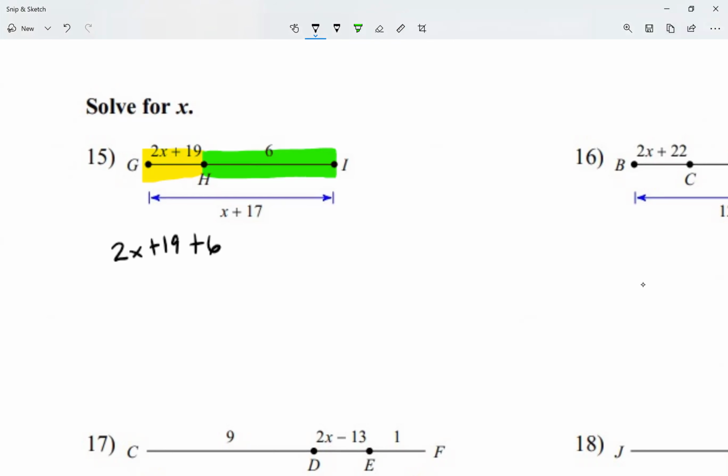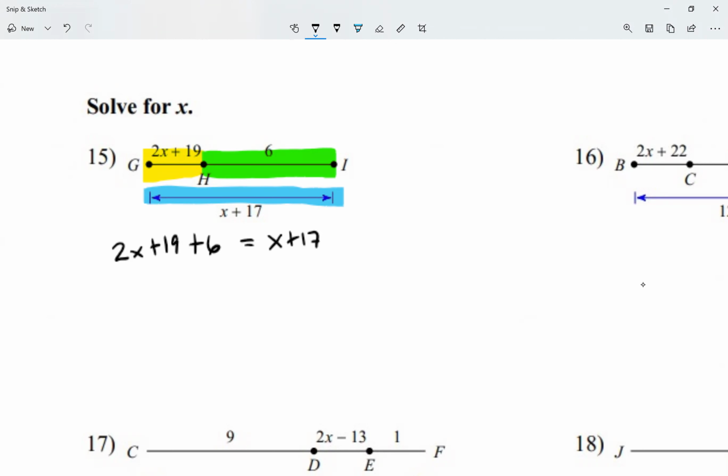I'm adding everything. I'm going to let this equal the big segment. Let me highlight this whole thing in blue. Now this whole segment is x plus 17. So notice I added the two small segments and it equals the big segment.